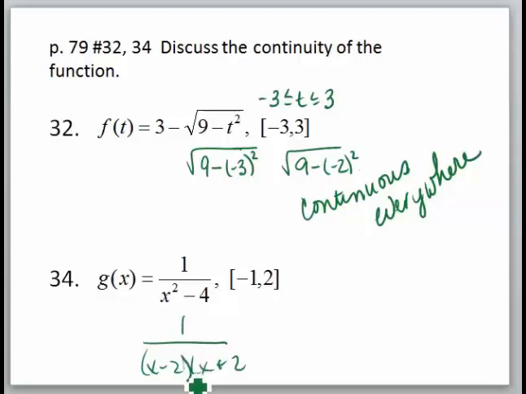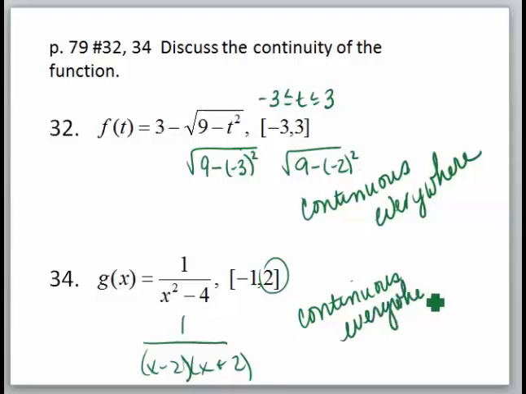Well, the numbers that give you 0 on the bottom of the fraction happen to be 2 and negative 2. So those are the only two bad values, 2 and negative 2. Because 2 is part of my interval, though, I'm going to have to say that it's continuous everywhere except at x equals 2.